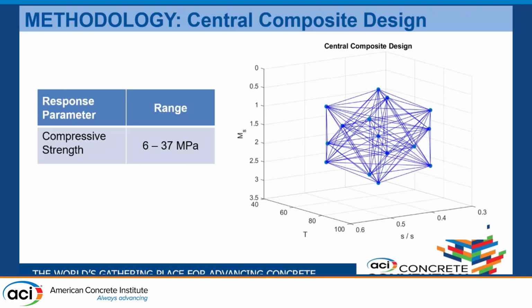Afterwards, they were tested for compressive strength, and I got strengths ranging from 6 to 37 megapascal. On the right side, this pictorial diagram shows the 3 major components, silica modulus, temperature, and solution to simulant ratio, and how they perform as design parameters for my response parameter, compressive strength.